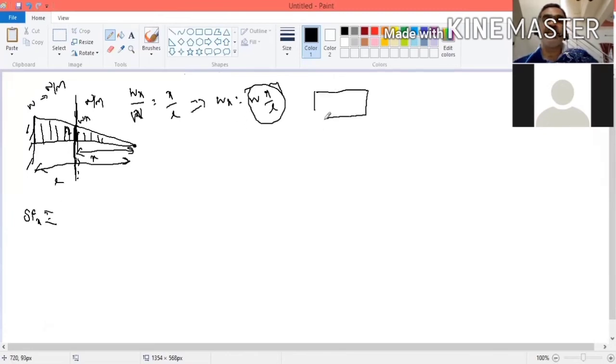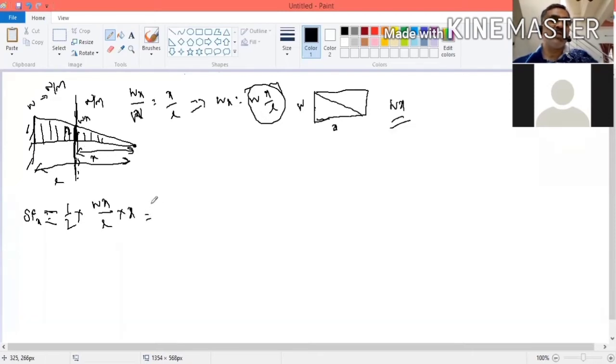In the previous case it was a uniformly distributed load, W into X. Here it is a triangle, so half into W into that value will come. Here half into W into X by L into this distance.